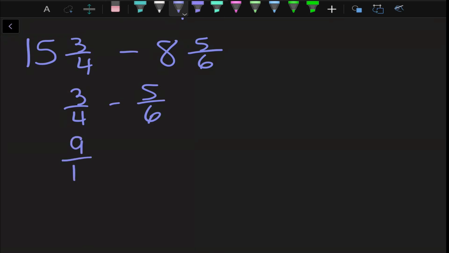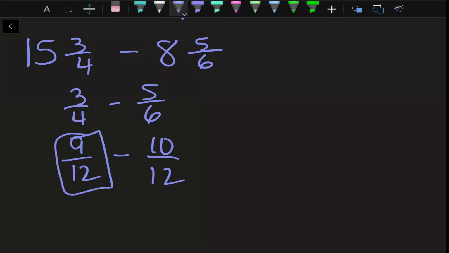So we end up with 9 over 12 minus 10 over 12. Now here's our first example. 9 is less than 10, so we'd get a negative, so it would actually be negative 1 over 12. We don't want that. That's a gross answer. So what we're going to do is make this 14.